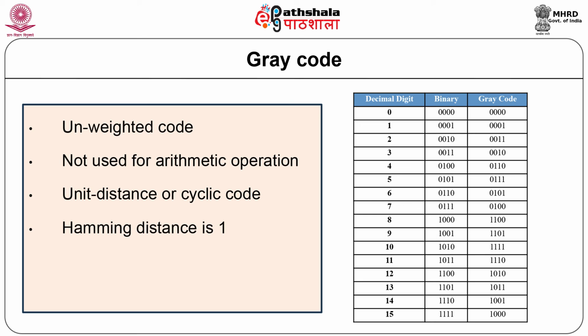This is also referred to as a cyclic code. The gray code is basically a unit distance code where the distance between consecutive code words is constant. The gray code exhibits only 1 bit change between two consecutive codes. Following table gives a comparison between binary and gray code. Gray code can have any number of bits like binary.